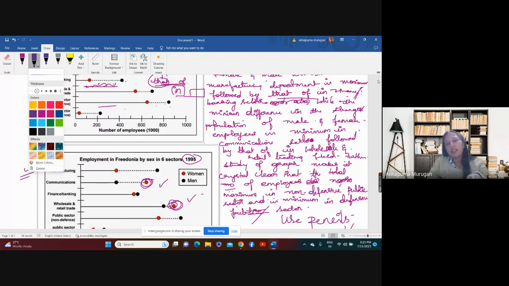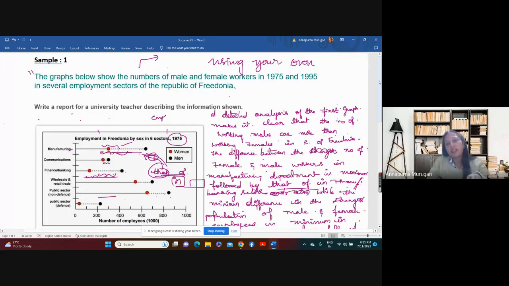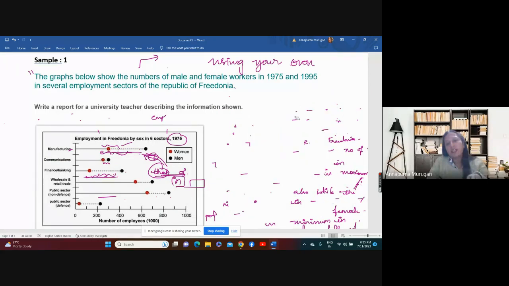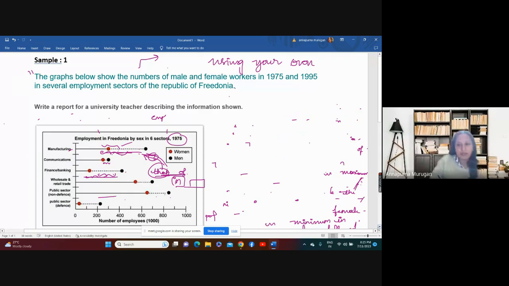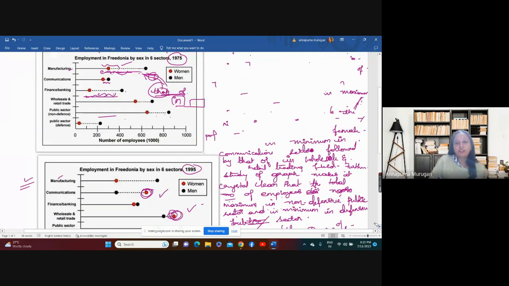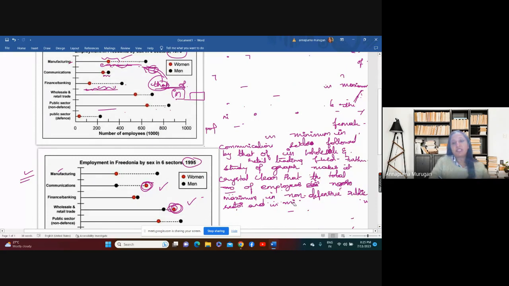So I'm going to erase this and quickly write the next part. If you start writing numbers now, you will get confused and irritated, and you will stop writing in between.